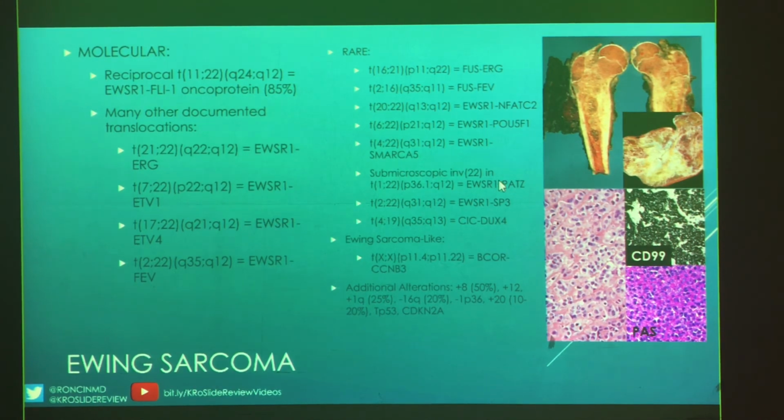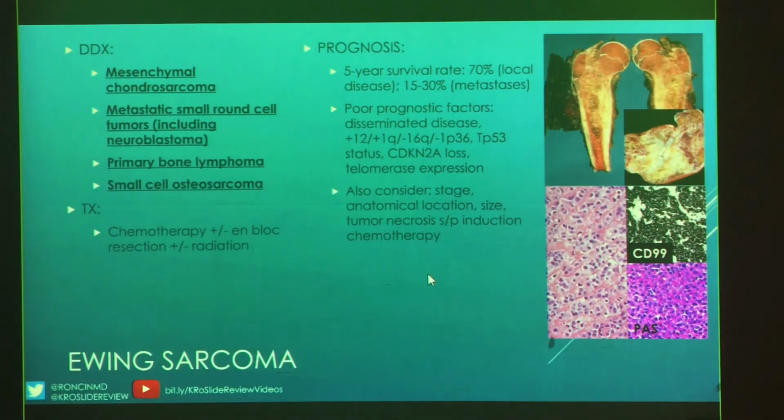It has a lot of different partners, okay? So that's really your money maker. Here's showing the CD99, diffuse membranous and cytoplasmic, PAS positivity. That is that.